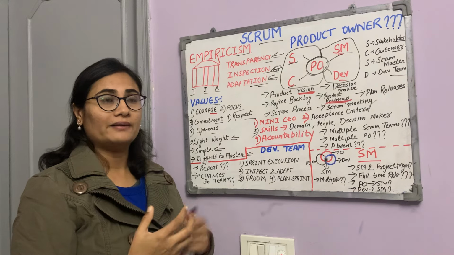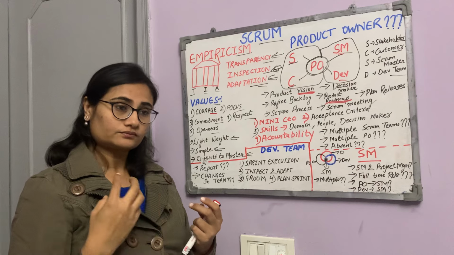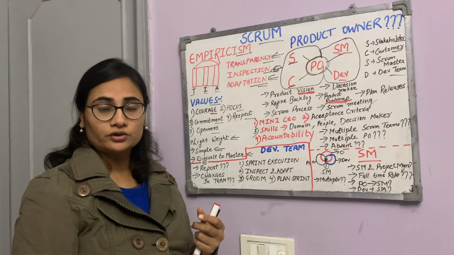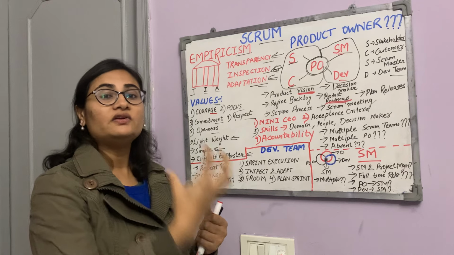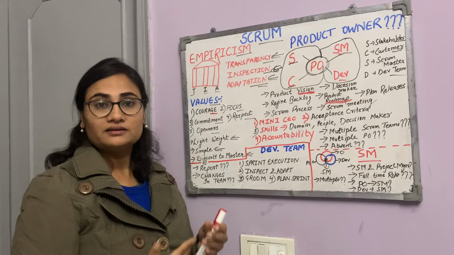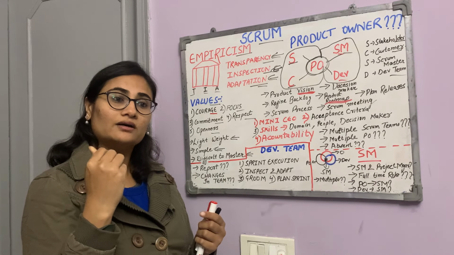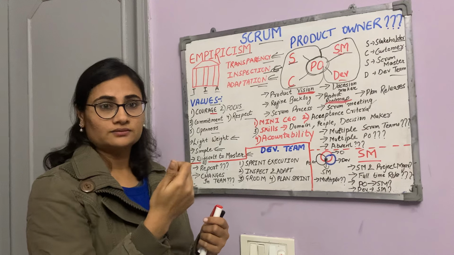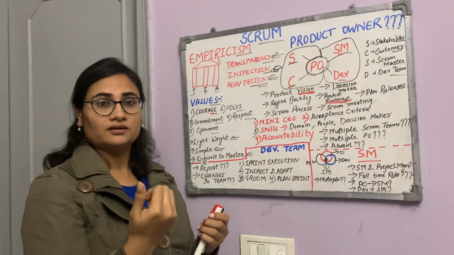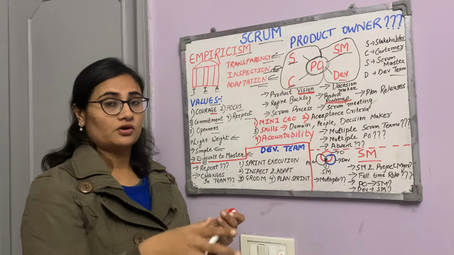So product roadmap will give you the visual view of how many releases a product is going to have. Then what are the features which the development team is going to develop within these releases. So product roadmap will give you the landmarks which will be delivered at the end of these releases in the product.